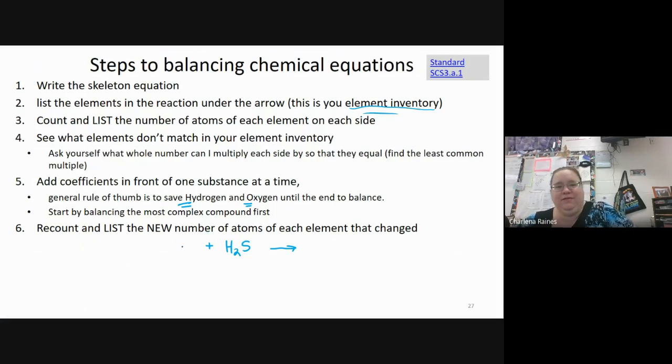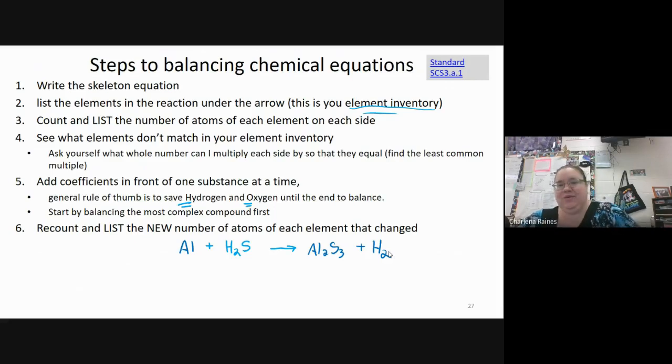There we go. So I have aluminum and hydrosulfuric acid reacting to produce aluminum sulfide and hydrogen gas.